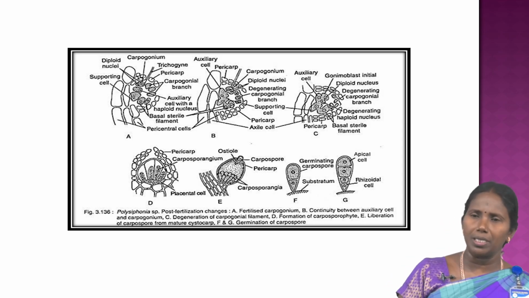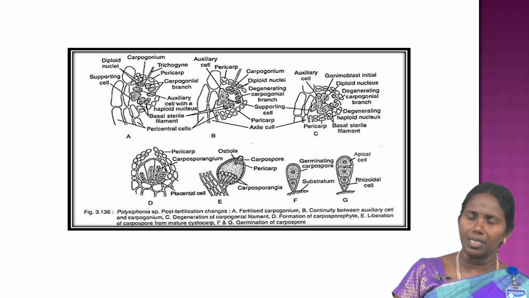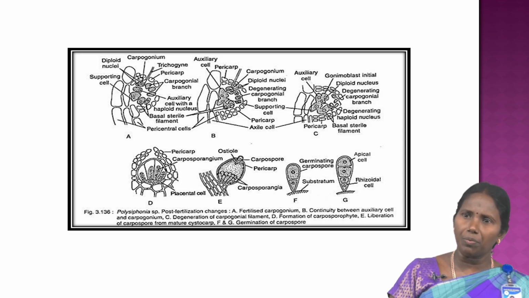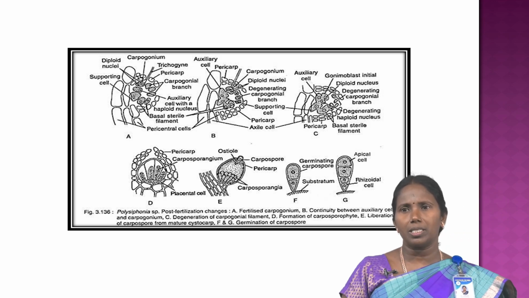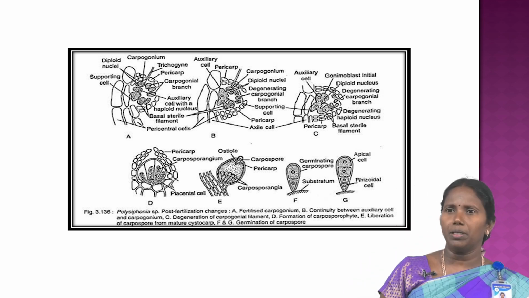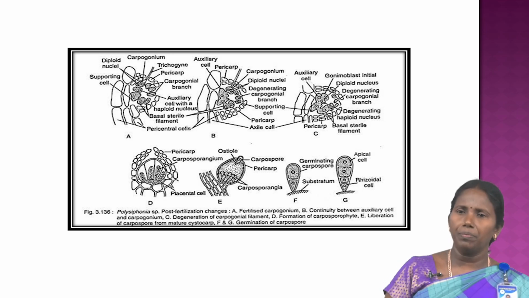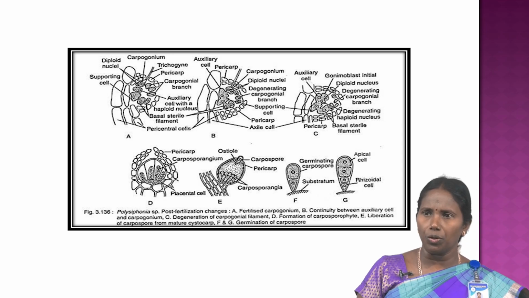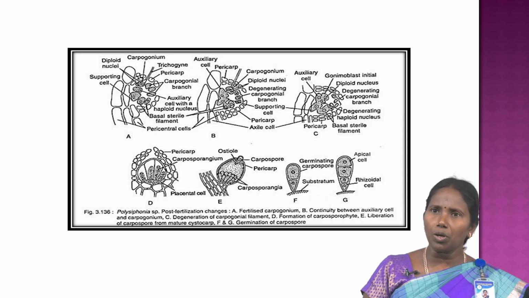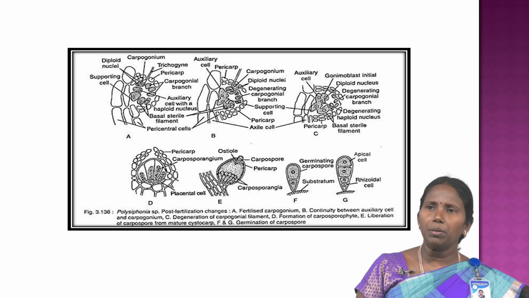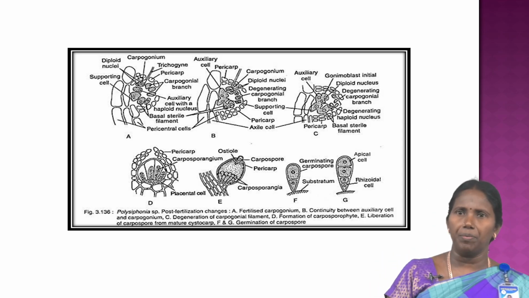Many vegetative filaments then develop from the adjacent vegetative pericentral cells, which gradually develop into a total covering. The diploid nucleus of the auxiliary cell then divides mitotically and forms two nuclei. One of them migrates into the outgrowth developed on the auxiliary cell. This outgrowth is separated by wall formation, forming the gonimoblast initial.